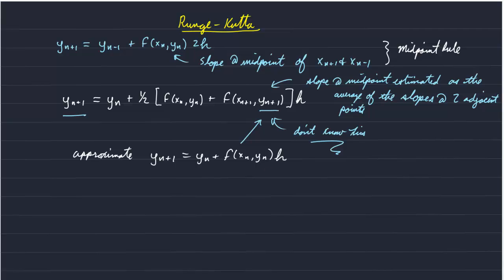And so the Runge-Kutta method for second order is based on this approximation. Again, estimating the slope at the midpoint as the average of the slope at the first point plus the slope evaluated at x sub n plus 1 and our estimate for the next point of y.